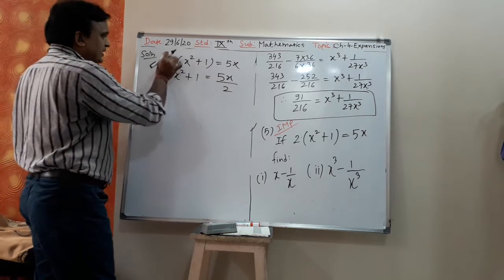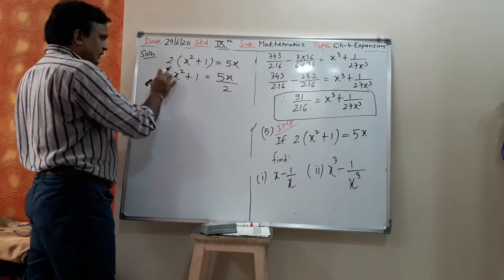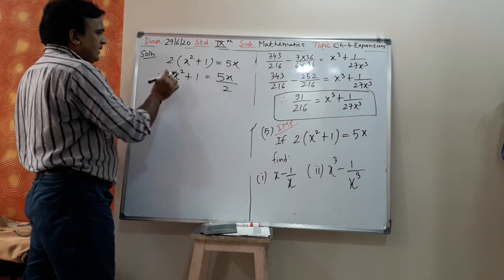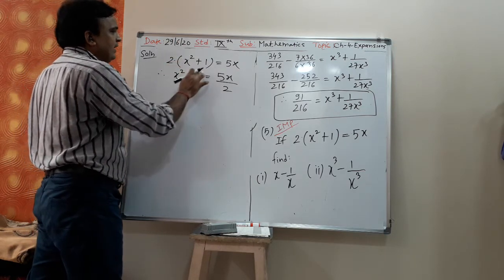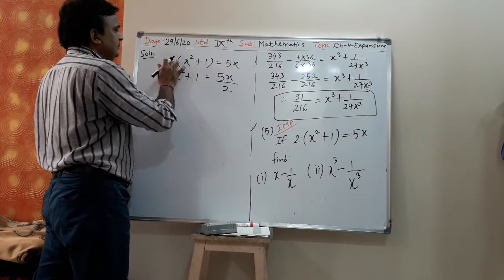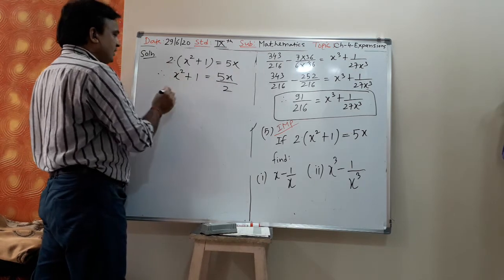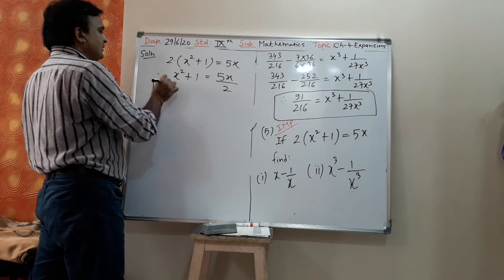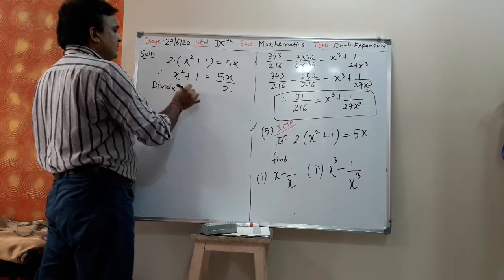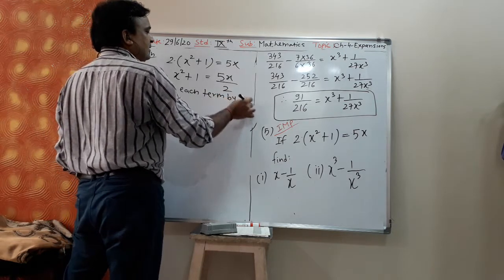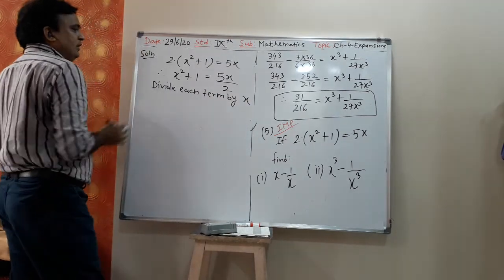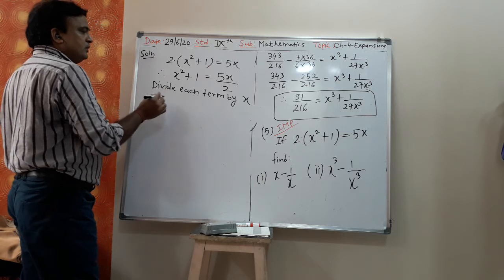See, I have not opened the bracket. Directly I have taken 2 on the other side. It is multiplication, so it will go in the denominator. Now divide each term by x, because we want x plus 1 upon x. So what you will get?